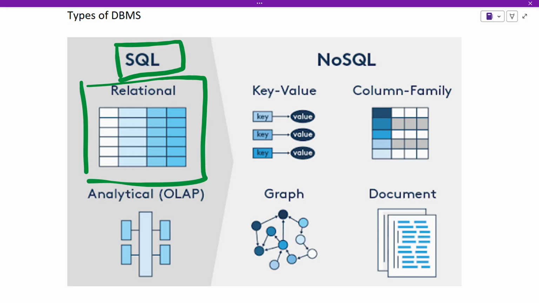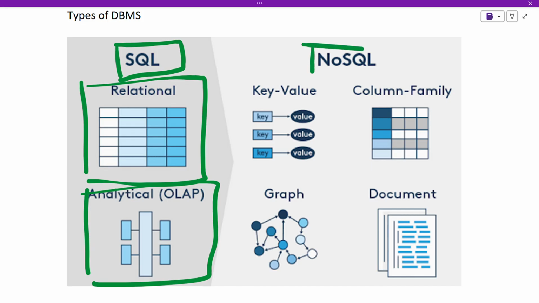They have some data mining algorithms to fetch all these things. So it's more on the analytical side of things, and we're not very much into them.